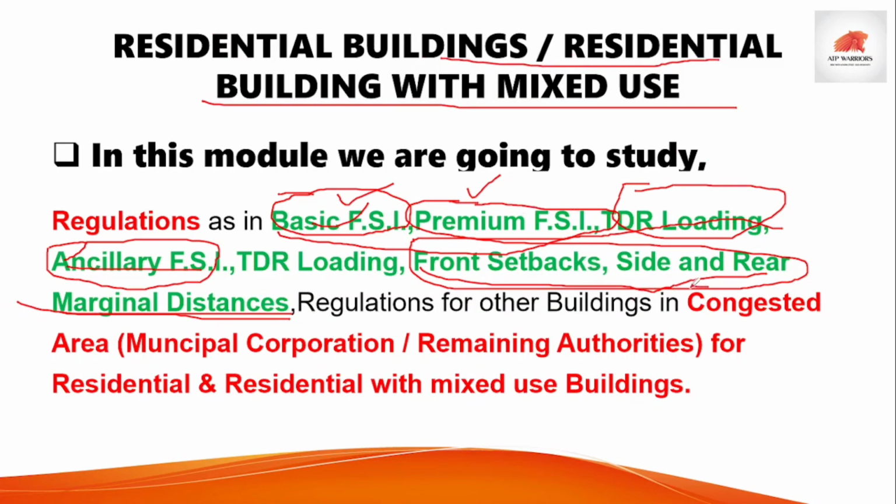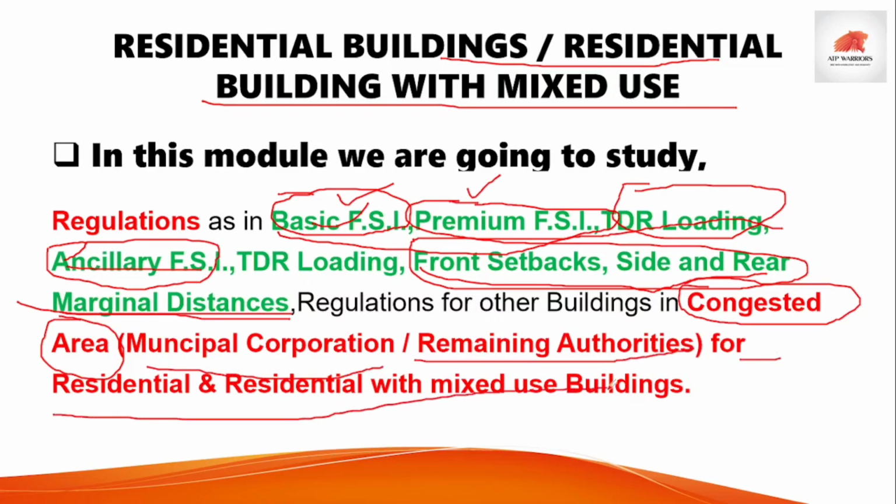We are particularly discussing these regulations for congested areas in a municipal corporation or in the remaining authorities, for residential and residential with mixed use buildings. For other buildings we are also going to see, but first let's see what provisions are given for residential buildings or residential buildings with mixed use.